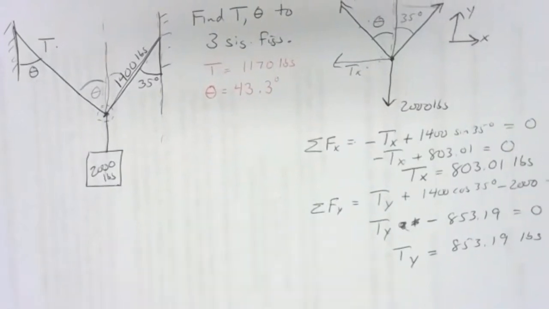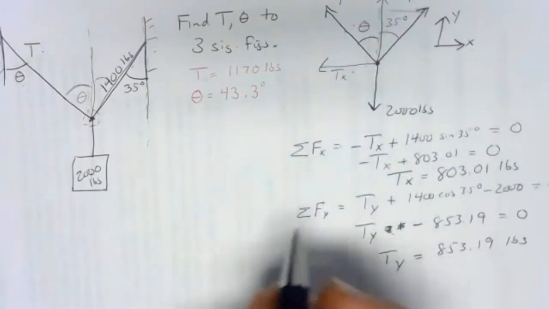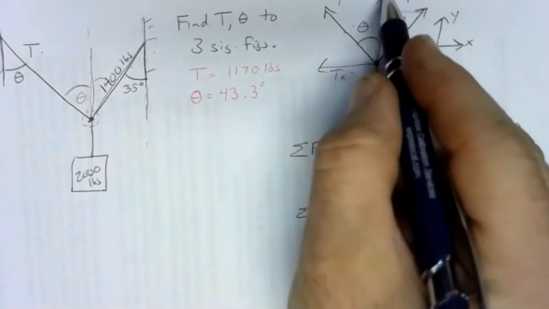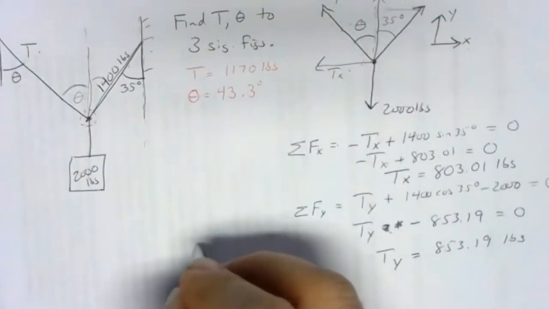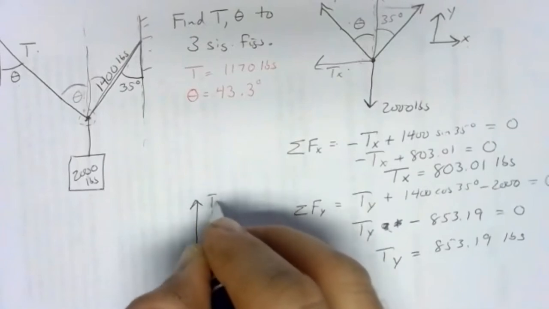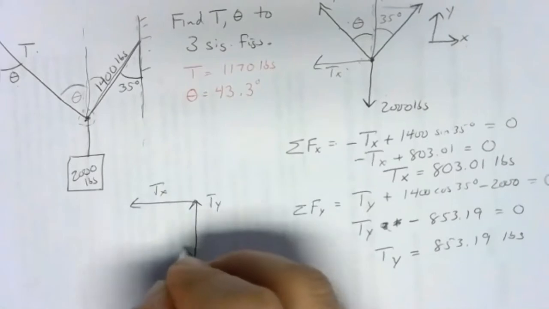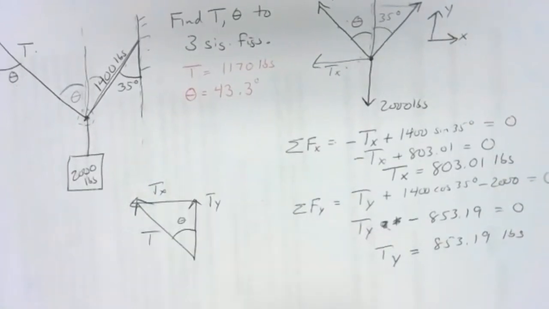We still have to satisfy the objectives of the problem, which was to find T and theta. So the easiest thing to do here is to redraw this a little bit. And since I want this angle down here in the corner, I'm going to draw Ty, then Tx to get to T. So Ty, Tx, that's my tension and my angle.